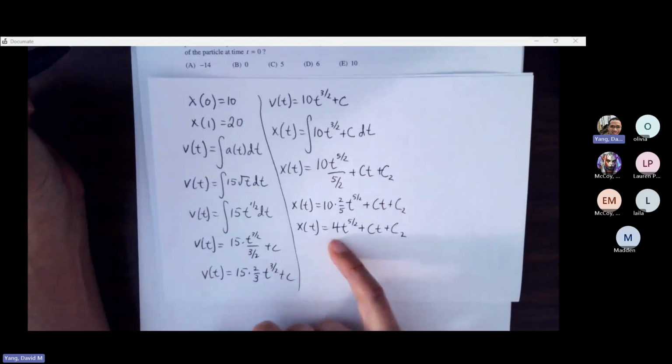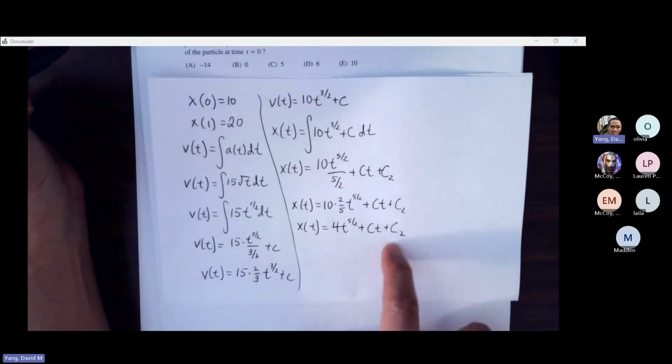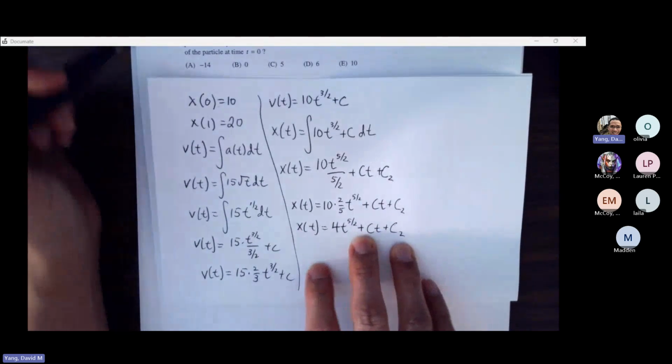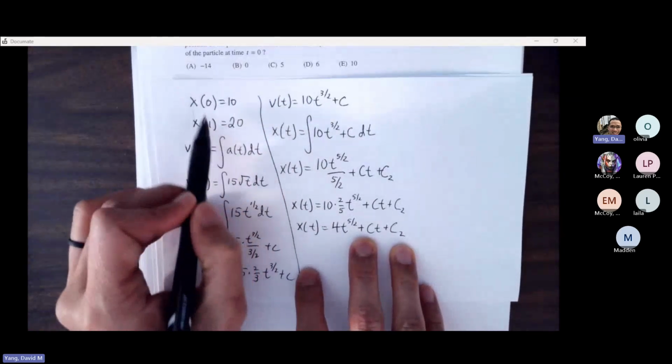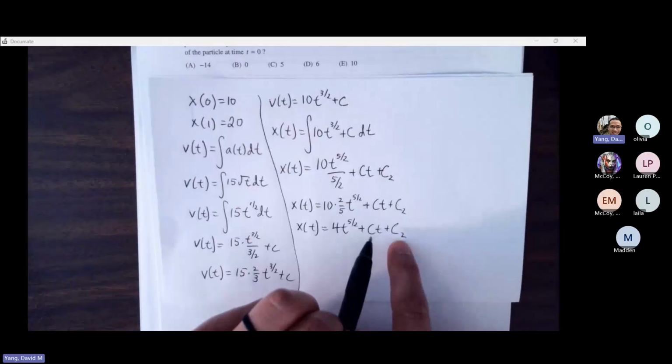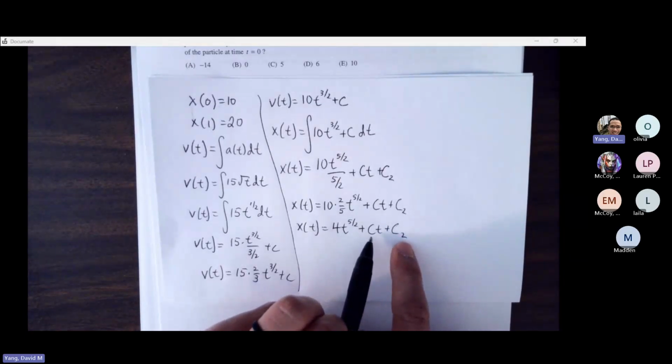It's a general equation because we have c sub 1 t and c sub 2, but that's where these ordered pairs will come in handy. So I'm going to use these two ordered pairs to help me see if I can narrow down the c and c sub 2 that are unresolved.